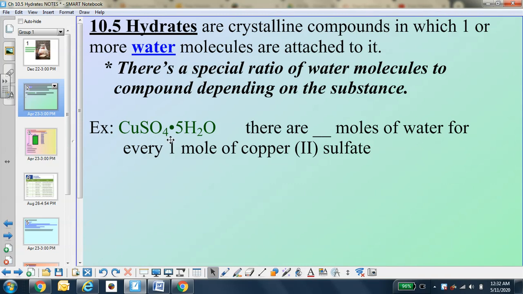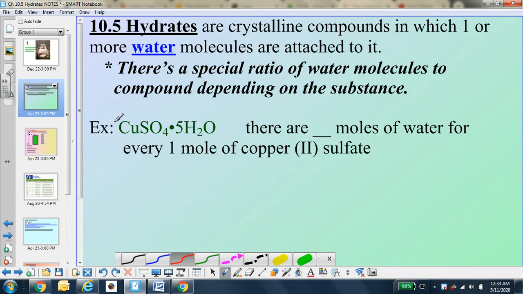So in this example, we've got copper 2 sulfate, and it typically has 5 water molecules attached. No more, no less. This little dot that you're looking at is not a times sign. It is just a symbol that indicates that the water molecules are attached, and those water molecules can be driven off if we heat this substance.